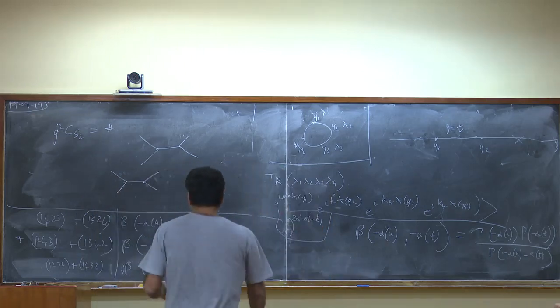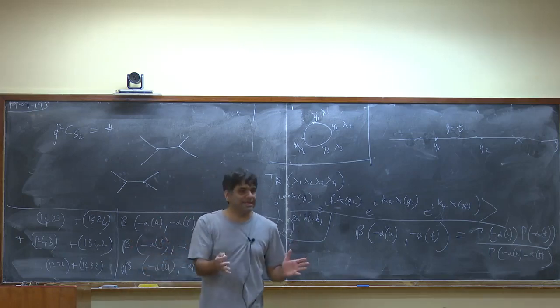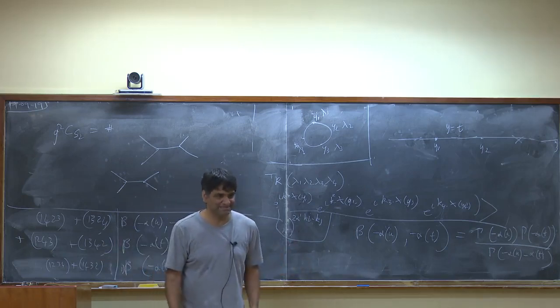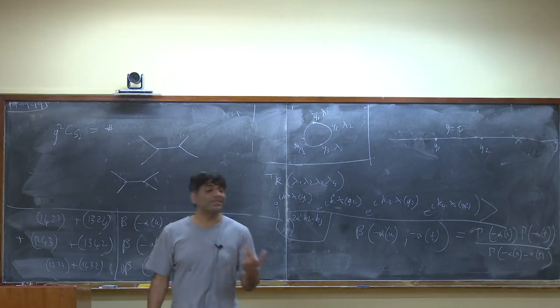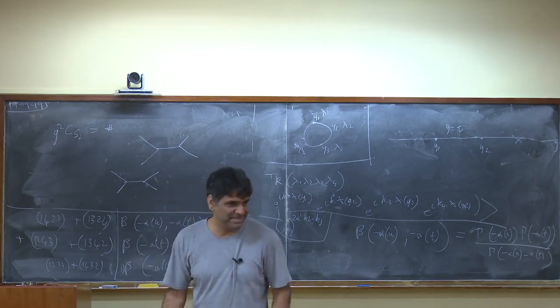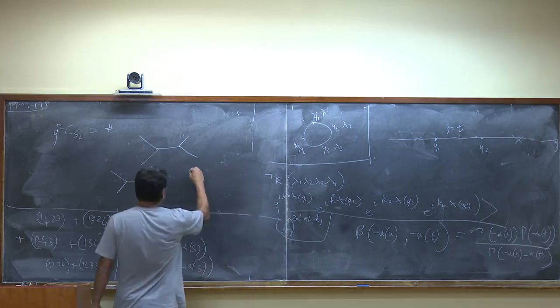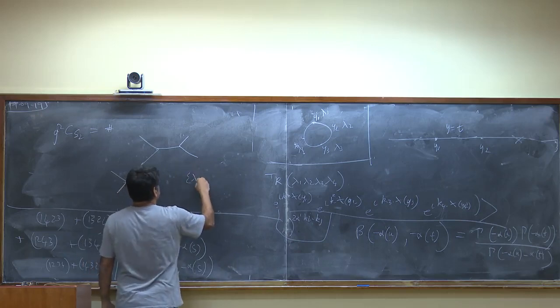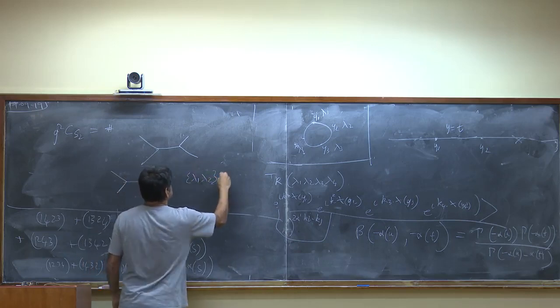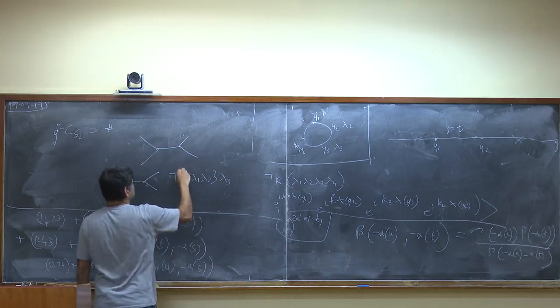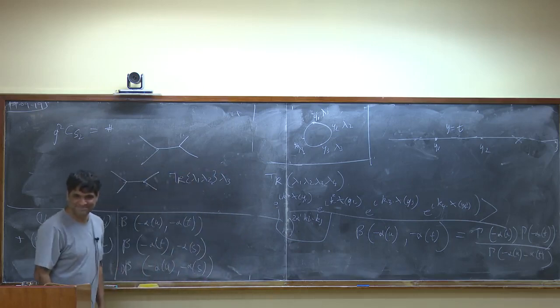Okay? So you see, everything else is the same. It's only the dependence on the Chan-Paton factors. But we know what the 3-point functions are like. The 3-point functions were of the form lambda 1, lambda 2, lambda 3. Okay?